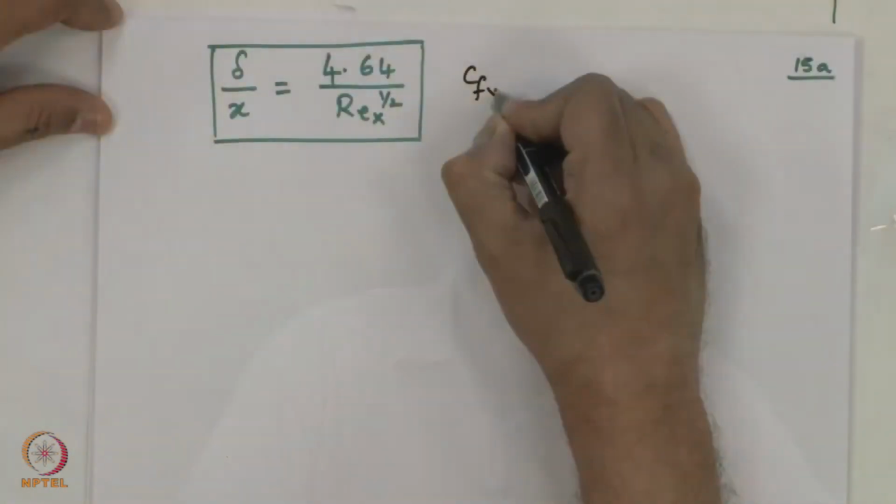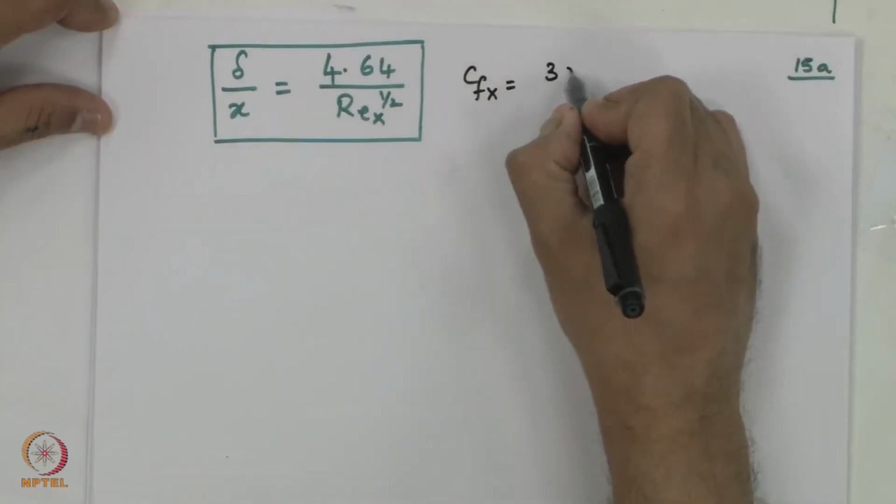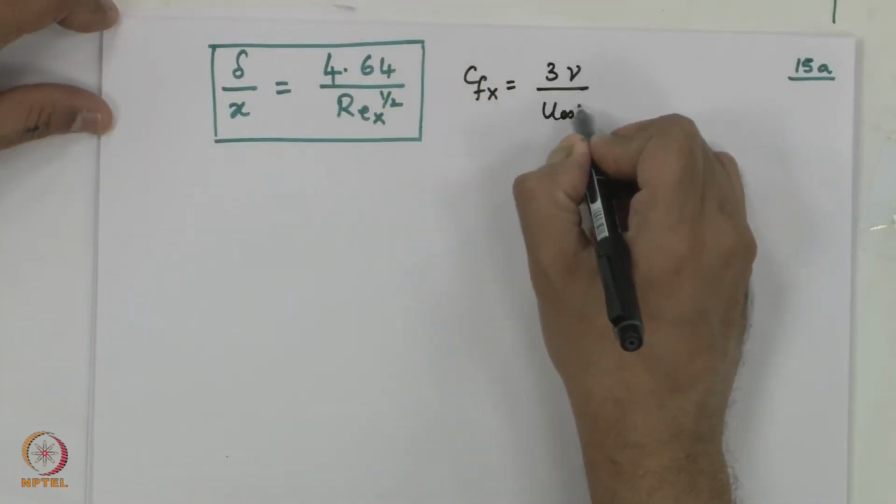The 4.64 would tend to 5 if I go to a more accurate profile, a higher order polynomial, maybe 5th order or something like that, but it is not so easy because we need to develop physically correct boundary conditions to take care of that. Using this, we can write Cfx is nothing but 3 nu by u infinity delta.